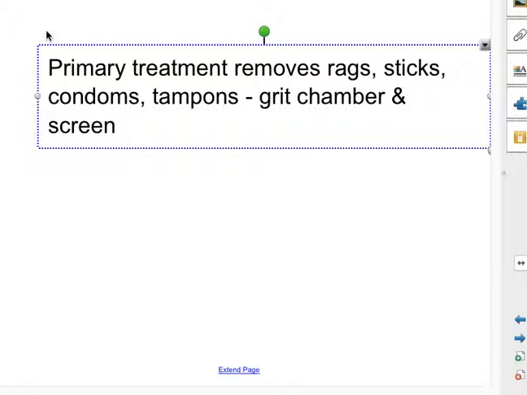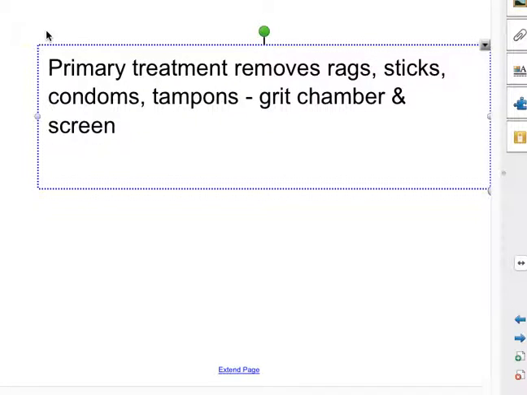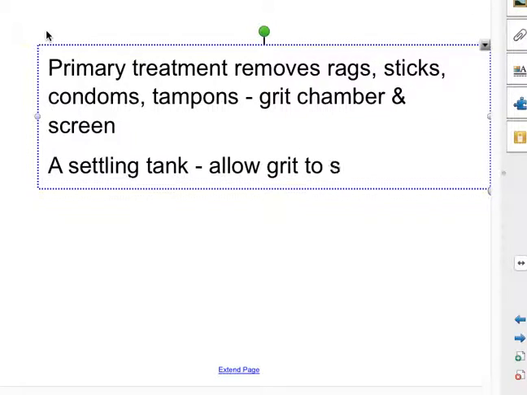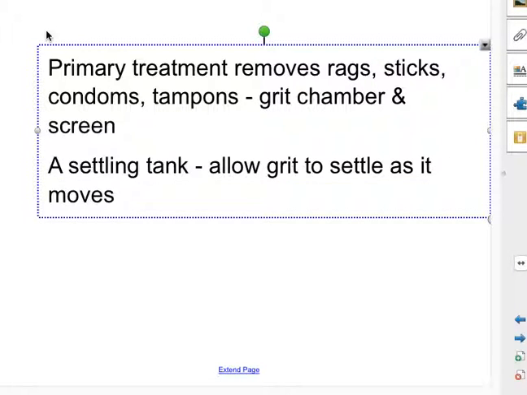Any of those would be acceptable answers. You might also put a settling tank as part of the method of removal. And that's going to allow grit to settle as it moves very slowly through the system.